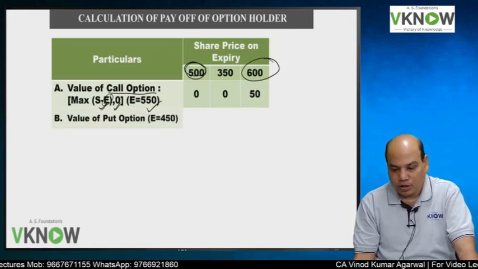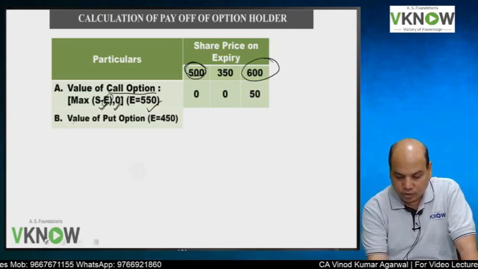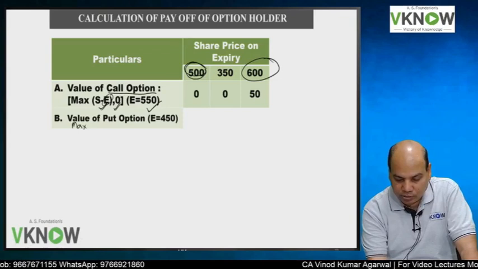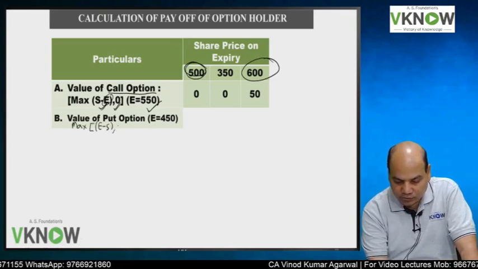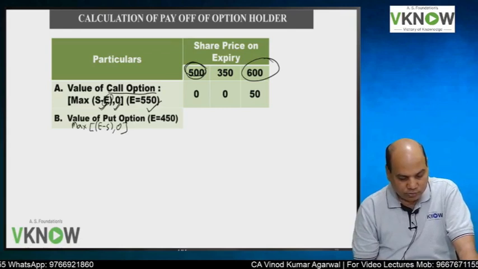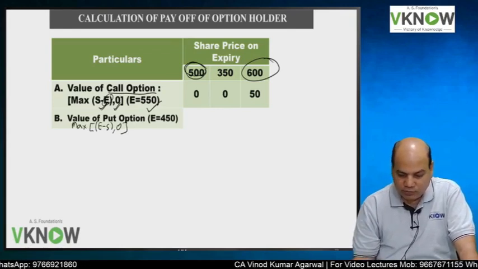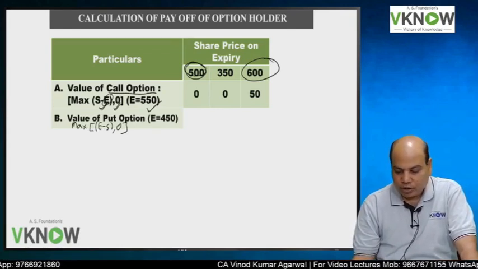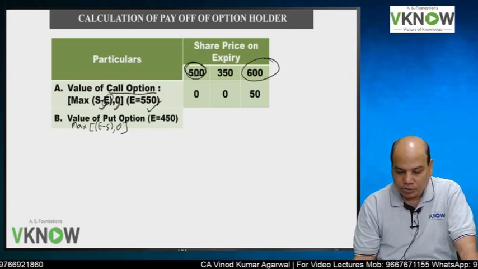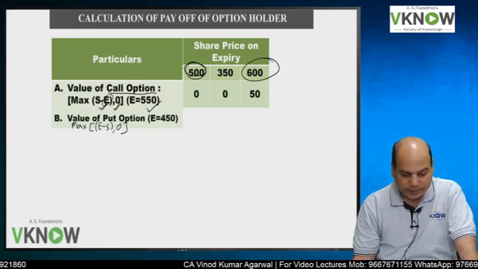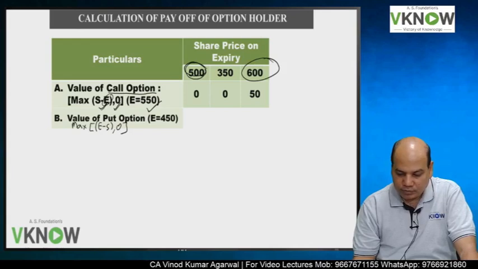Value of put option, write down. Value of put option is maximum of E minus S or 0. Preeti is right, Mehul is right, very good. And what is the exercise price of put option? 450. So you will compare 450 with 500.